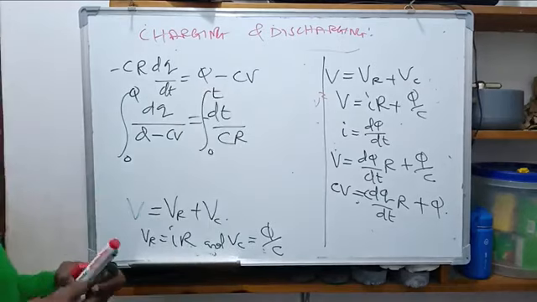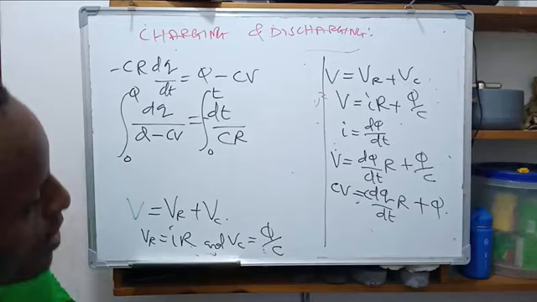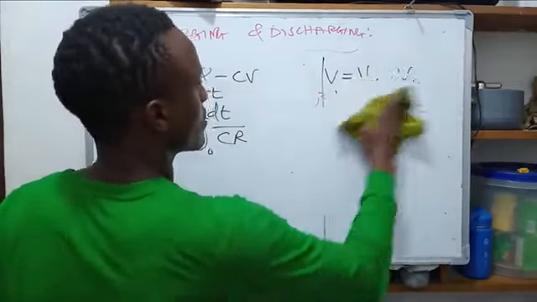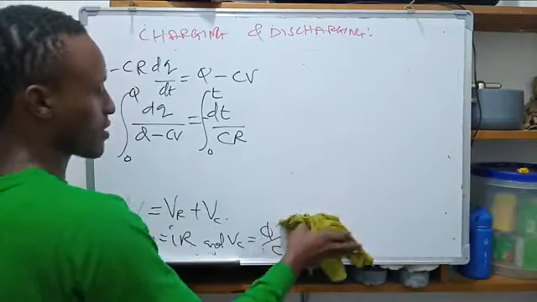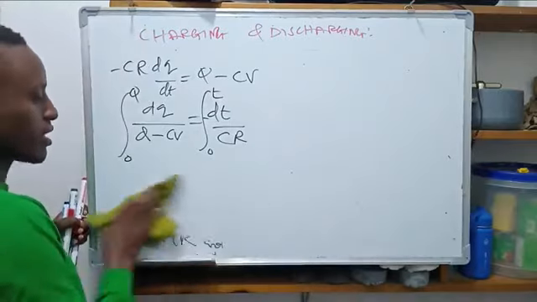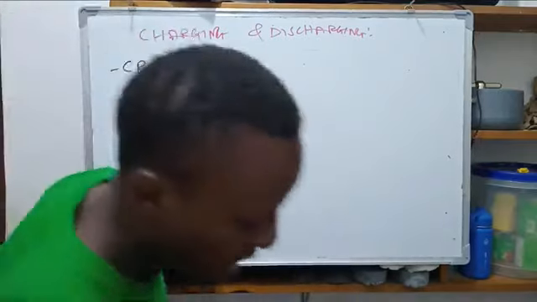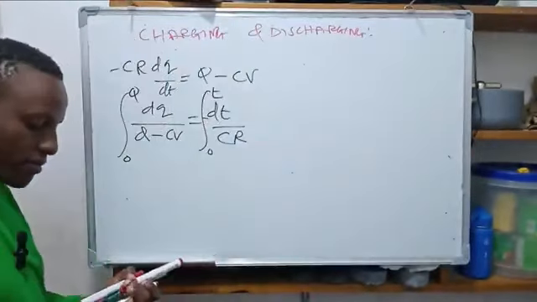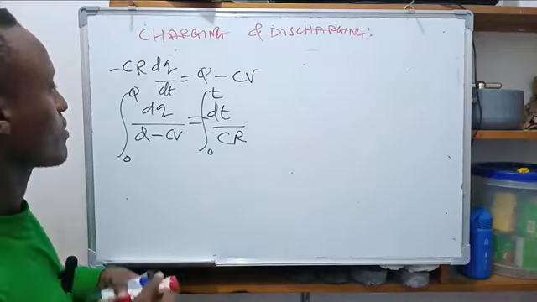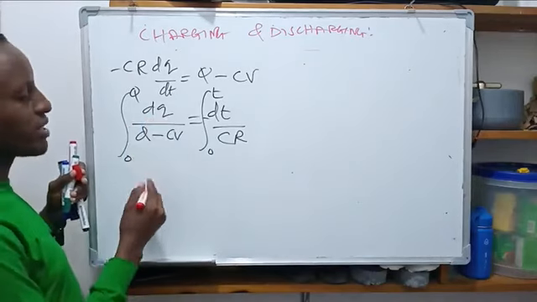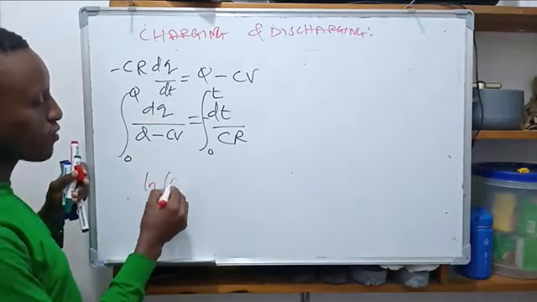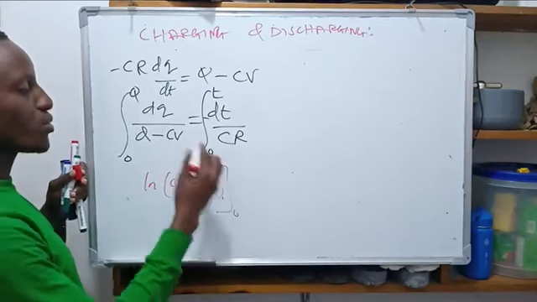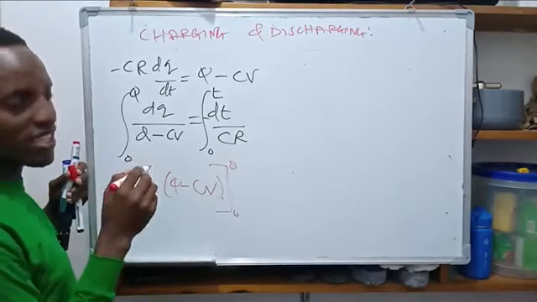So I can just say, this will be the ln of Q minus CV, from 0 to final charge Q, isn't it?